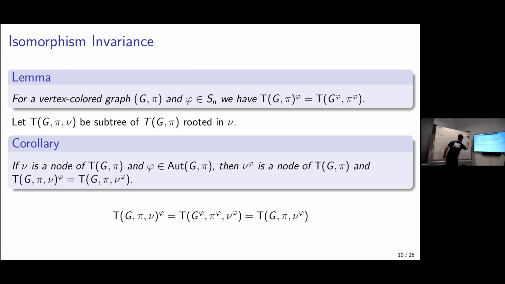This assumes that phi is not the identity, because you shouldn't be able to cut everything with the identity. That doesn't make sense. But if it's not the identity, you can just choose any node in the tree and cut away its symmetric cousin, so to speak.